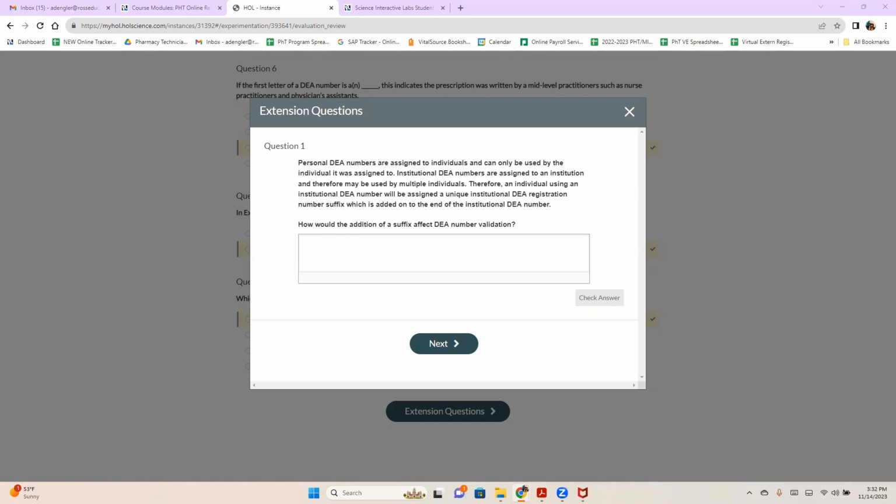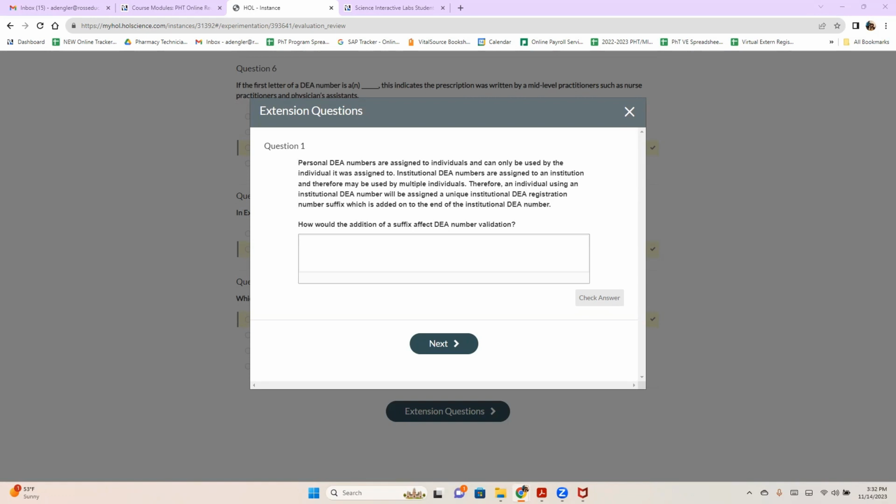So how would the addition of a suffix affect DEA number validation? So you can validate the first part. So it's still going to have the 2 letters and the numbers. So you can verify that doing this procedure we've been doing.